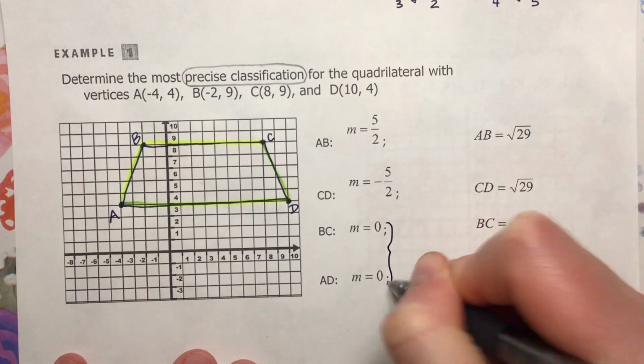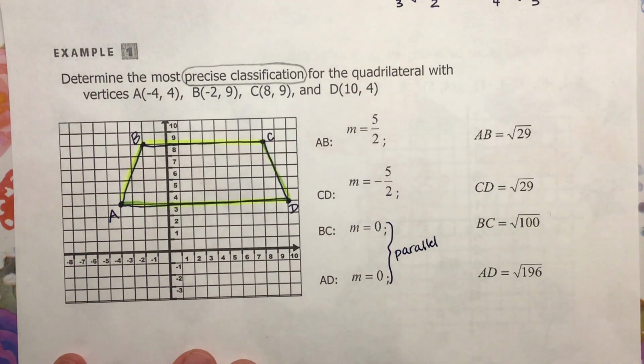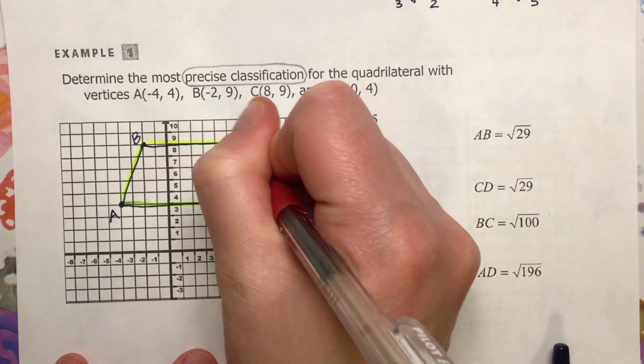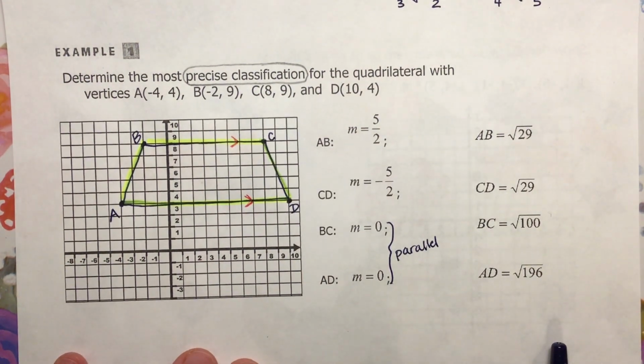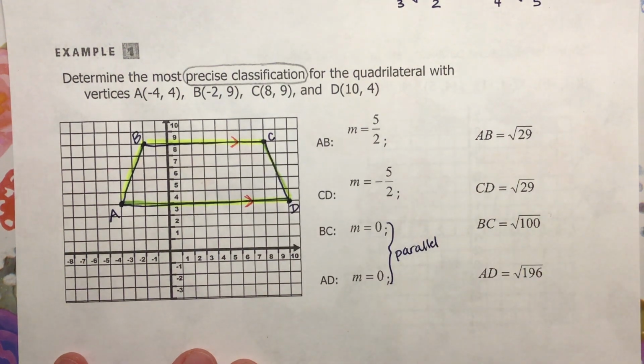So these two lines are parallel to each other. And we can go ahead and mark that on our graph as well. We would have been able to tell from the graph as well because we know that horizontal lines have a slope of 0. Okay, so we have strictly one pair of parallel lines in this polygon.